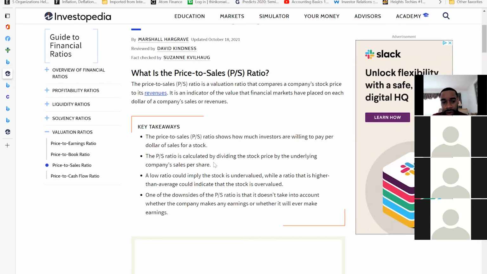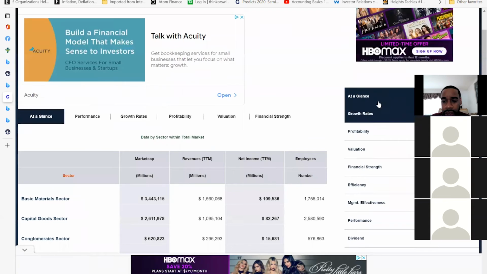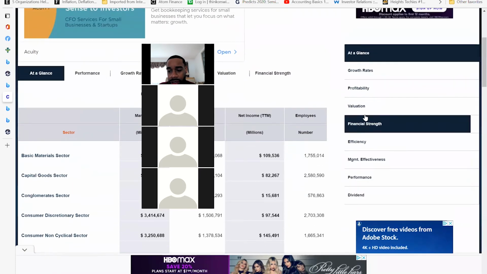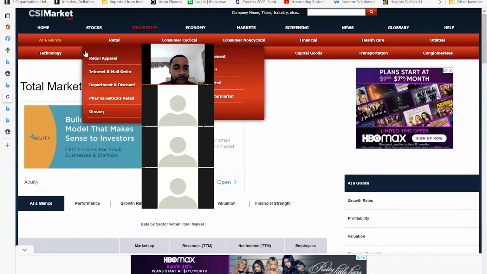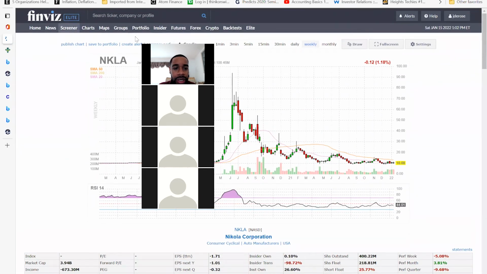Can we find growth rates on that website you just showed us? Yep, you can. You see on the side right here, they have growth rates, profitability, valuation, so they have all that actually. Gotcha. And you also have that here in the screener.